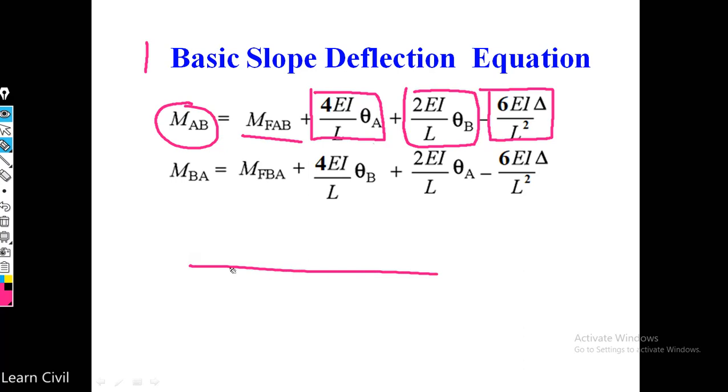Let us consider some portion AB of a beam, which will be continuous on this side.